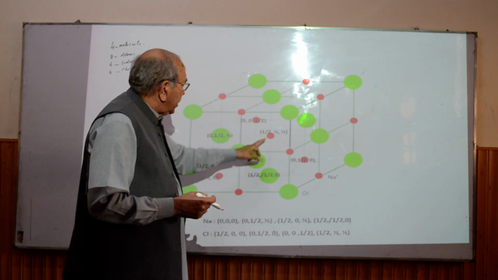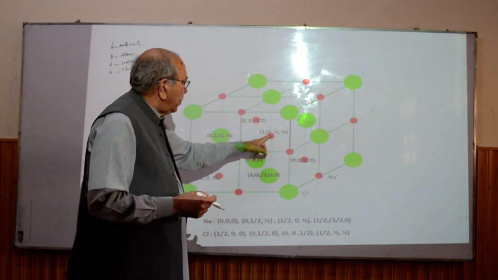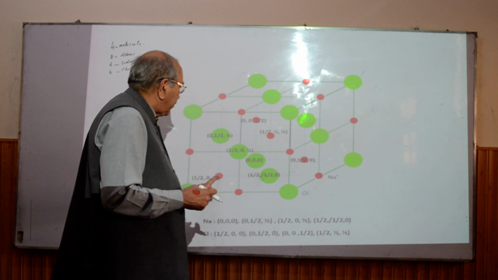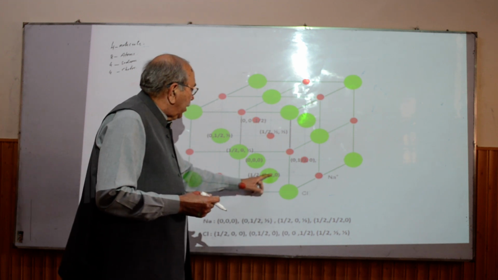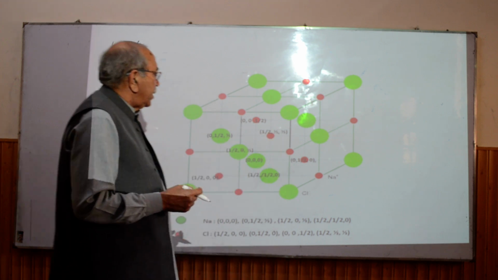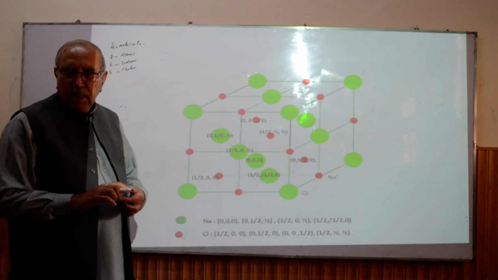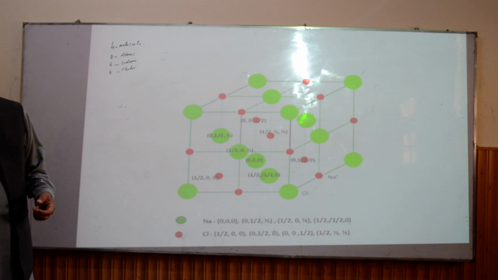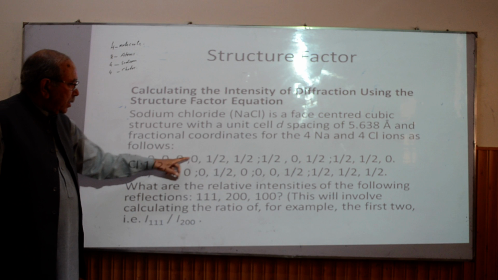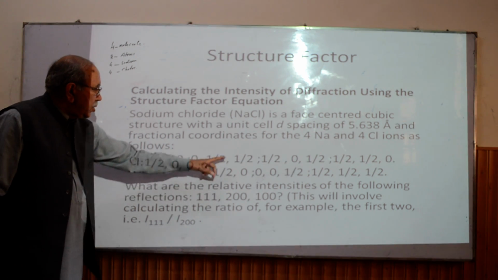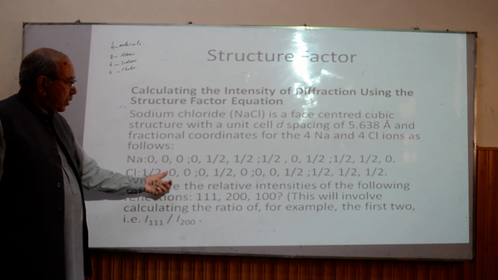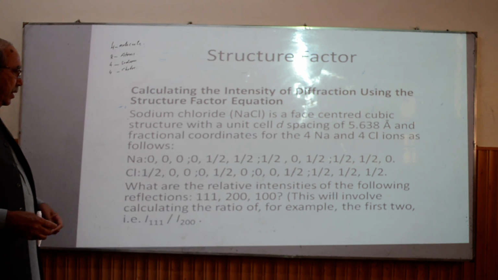And one atom is at the body-centered position, which you can reach by taking half step along x-axis, half along y-axis, and half along z-axis. So these are the coordinates of that particular atom of chlorine. I have written here that sodium are situated on these x, y and z positions, and chlorine are situated on these x, y and z positions.